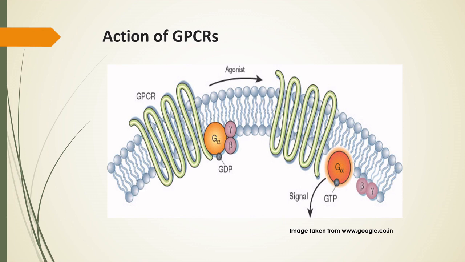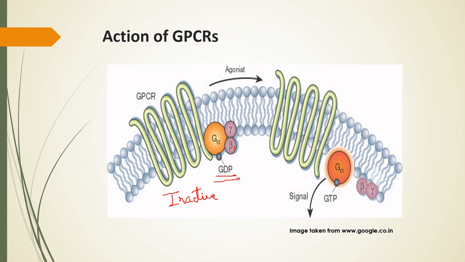So as I was saying, this is the inactive state. In the inactive state, what is happening? You have got the G alpha, beta and gamma, all the three components of the heterotrimeric protein, present. And on the G alpha component, you have got GDP bound.